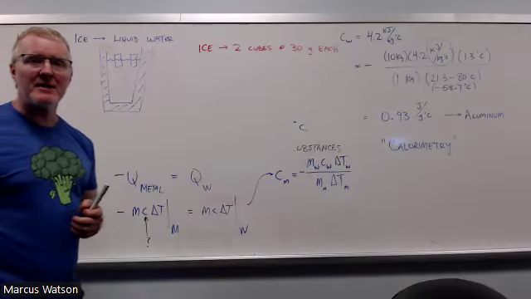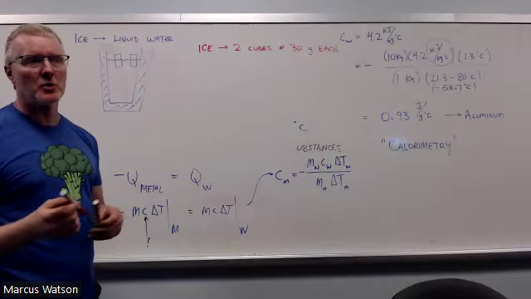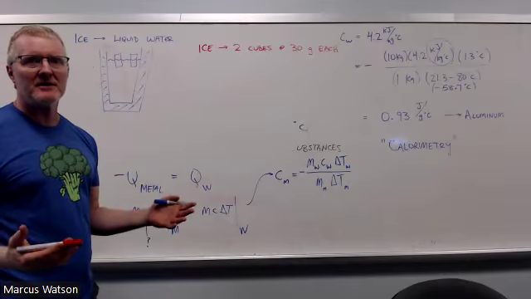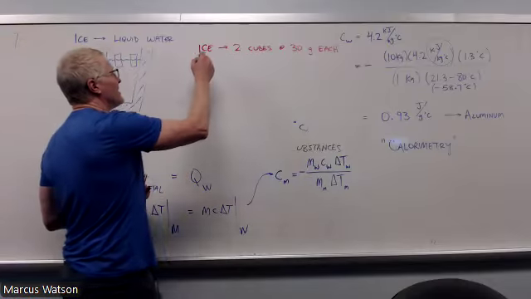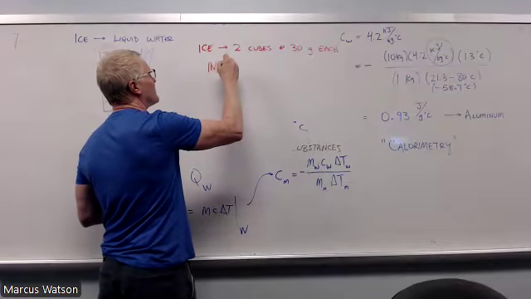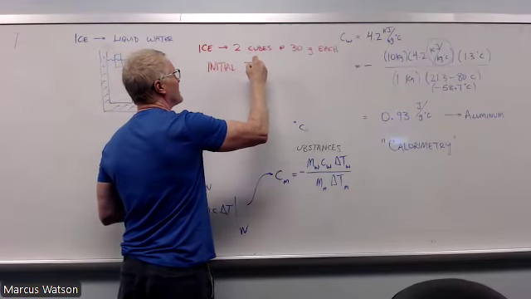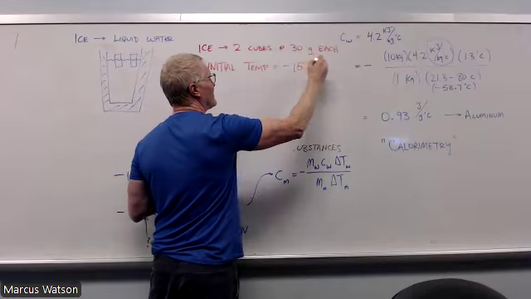Let's suppose I got that. I'm going to have just taken them out of the freezer, so the ice's initial temperature is going to be something like maybe -10 or -15 centigrade. So let's say their initial temperature, sure, let's say -15 centigrade.